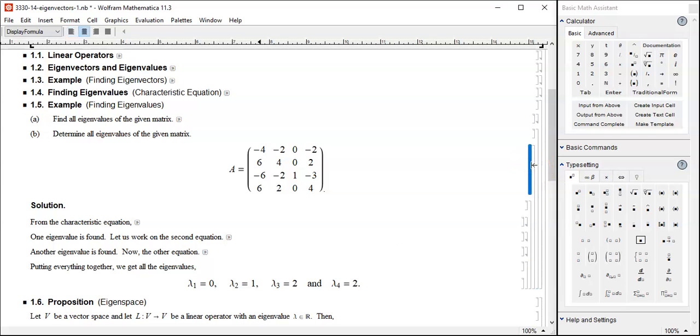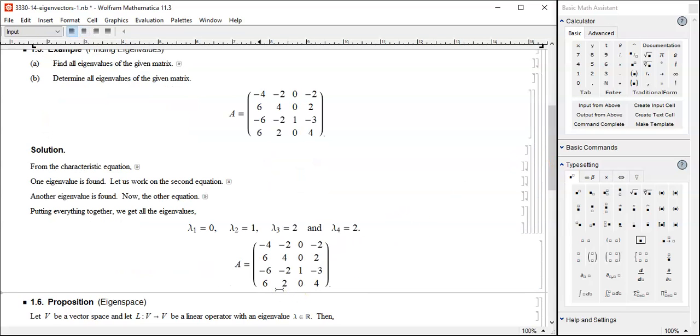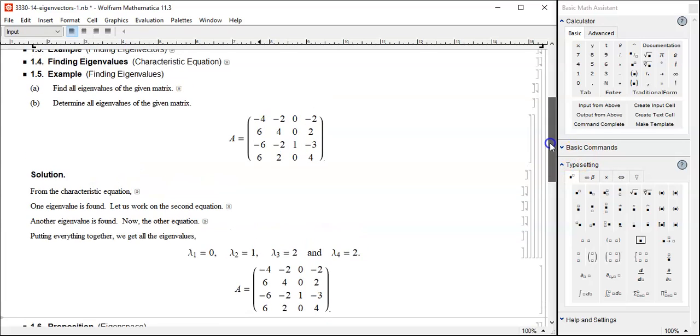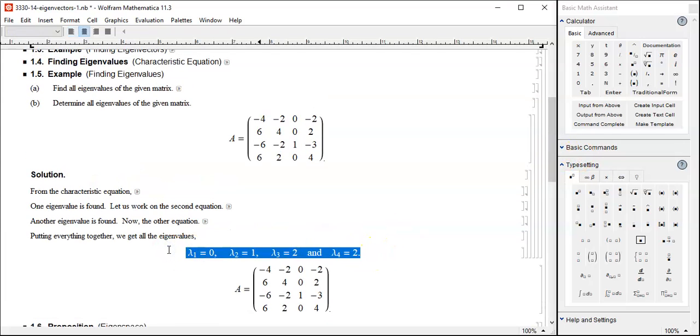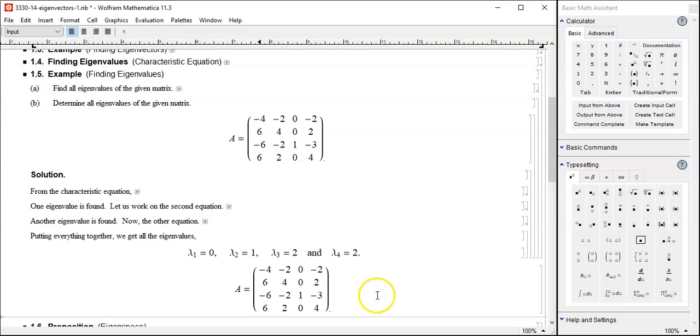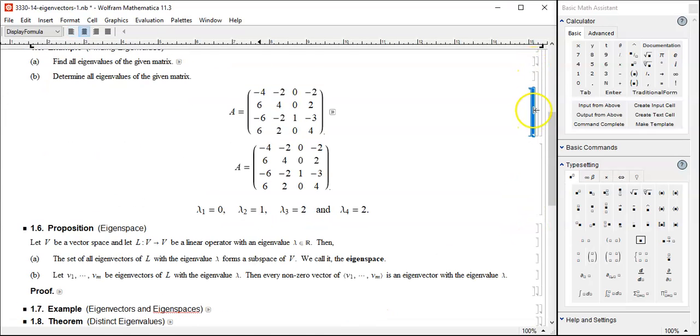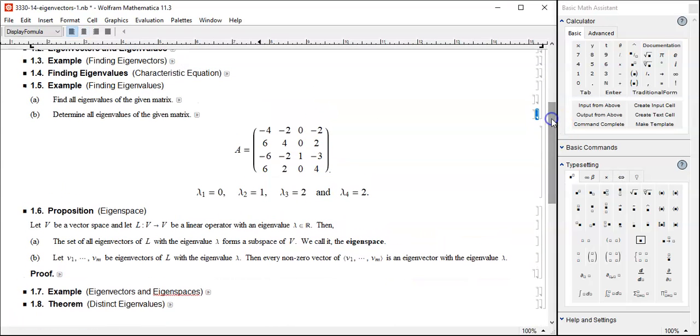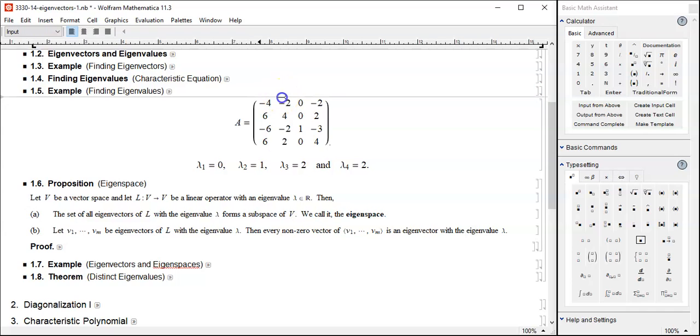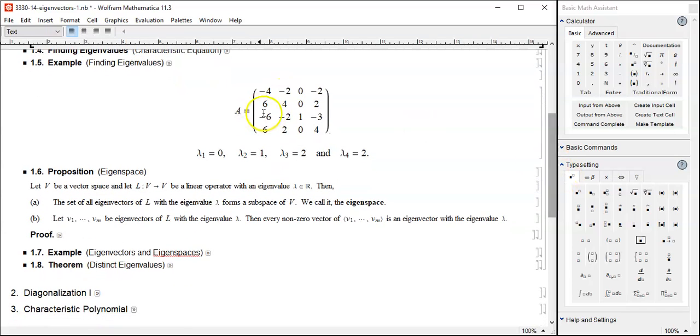Okay, for this matrix, or the linear operator defined by this matrix, let's go back to this.